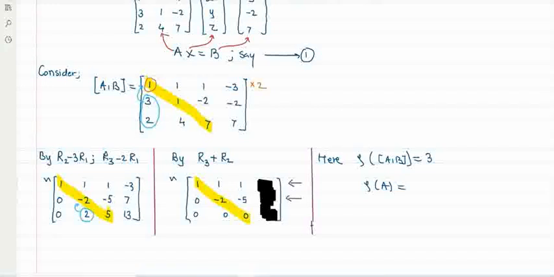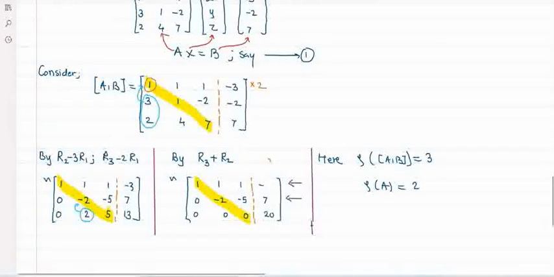So the rank of A is 2. That is why I'm using it here; whether you use it or not is left to you. Now I will allow that last column. Is it clear? Any doubt now?